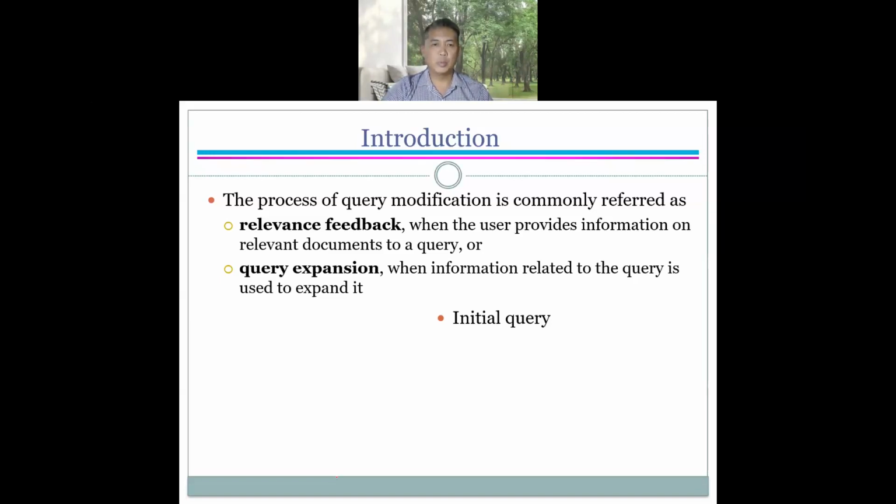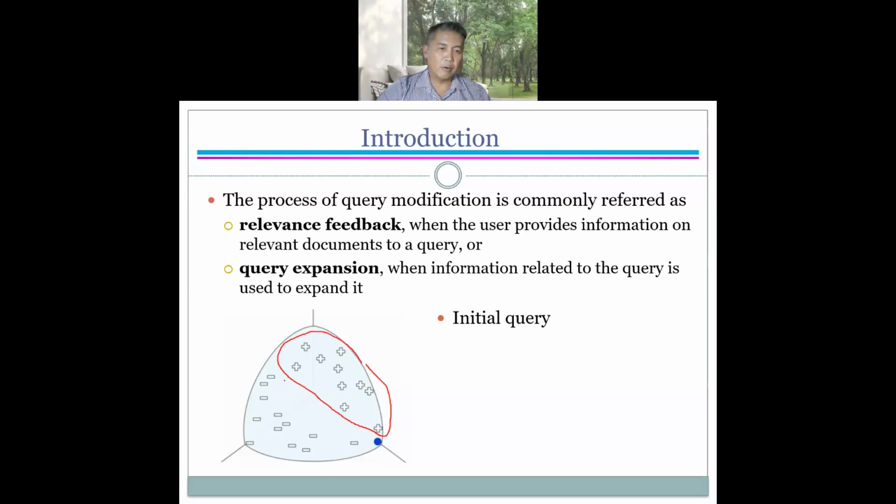So let's suppose we have this. Your initial query is this one. Basically you are looking at all these documents here, which are relevant, and you do not want to have all of these. Your aim is to move in this direction.